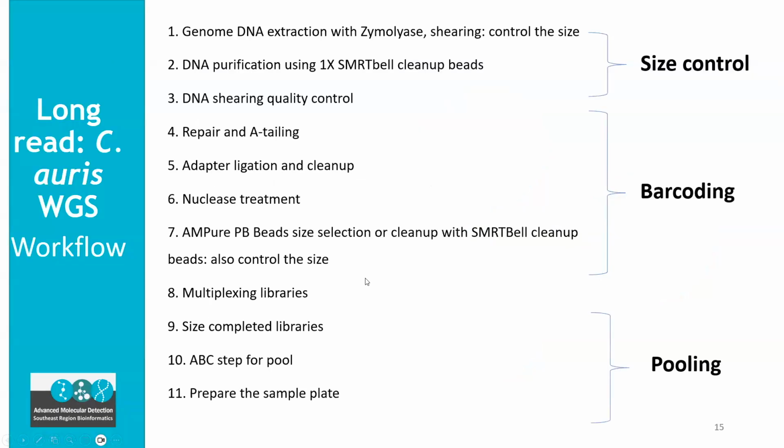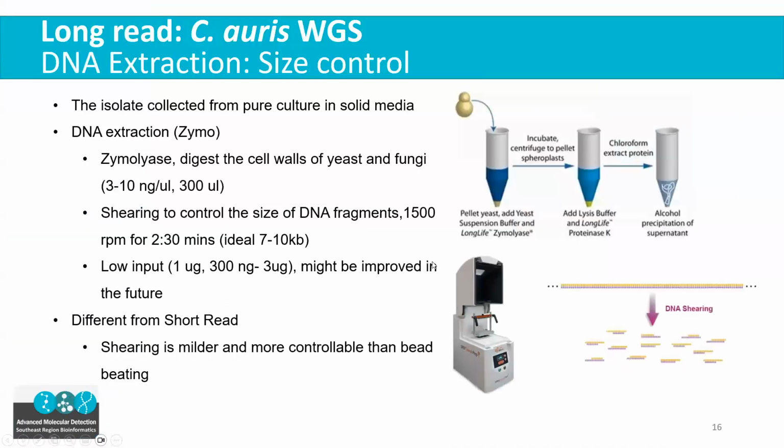The workflow for long-read sequencing lab prep includes size control, barcoding, and pooling by using SMRTbell kits from PacBio. Size control, which is a critical step, starts at the DNA extraction step.